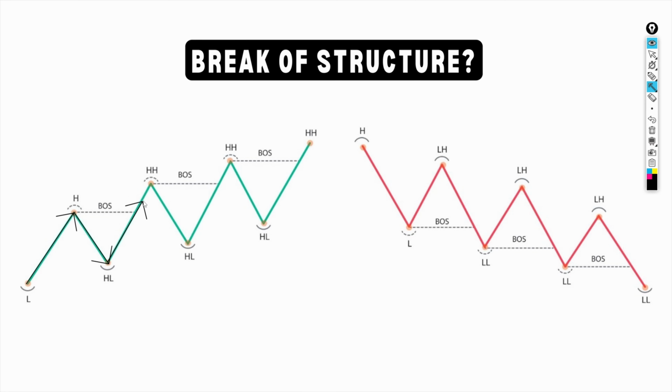Again, market started moving up and it breaks the previous high. What does it mean? It means the buying pressure was high again, and that's why this high was broken. Similarly, you will find the price going up again, breaking the previous high. Why? Because the buying pressure is high.